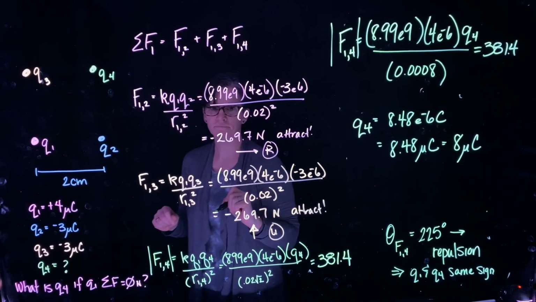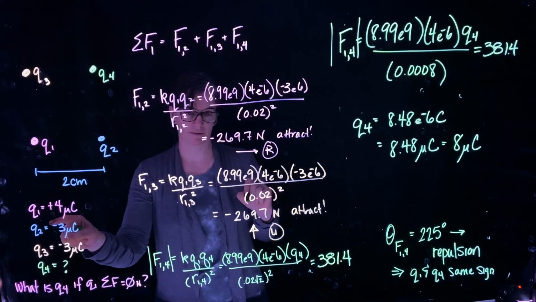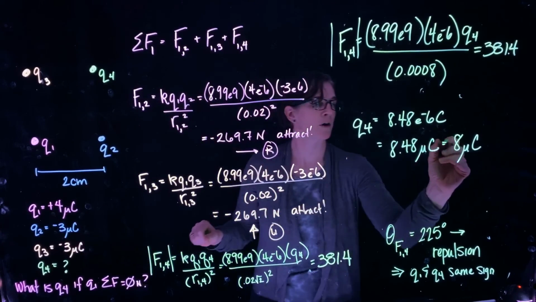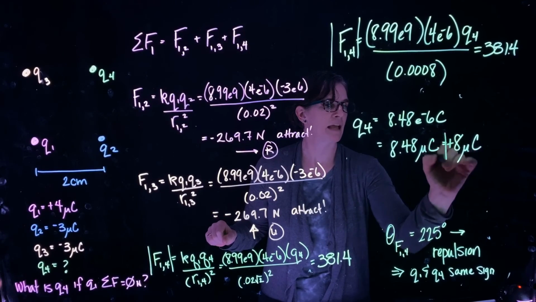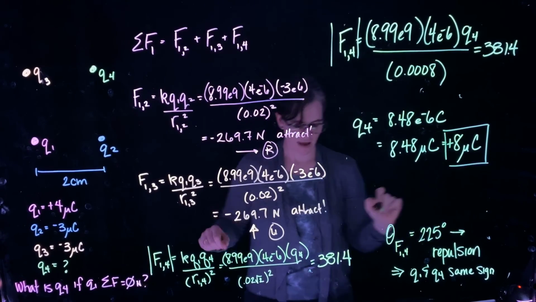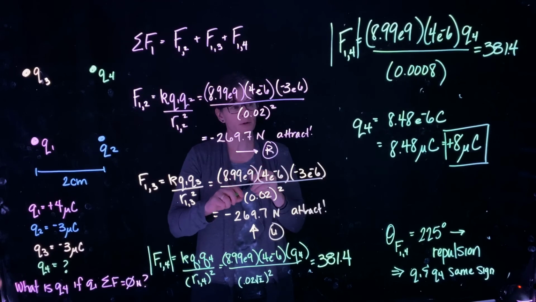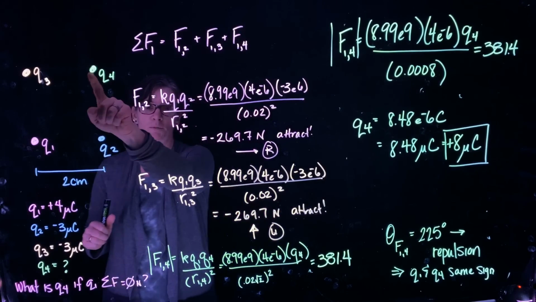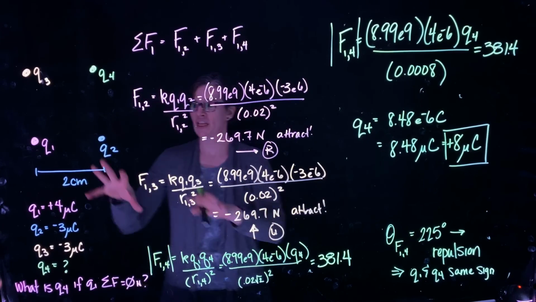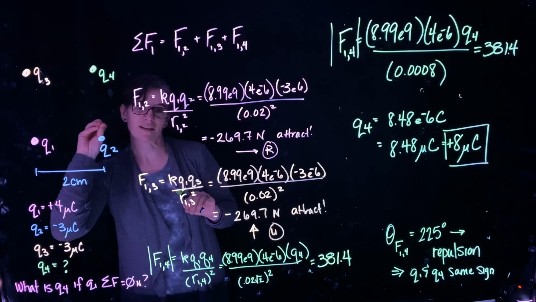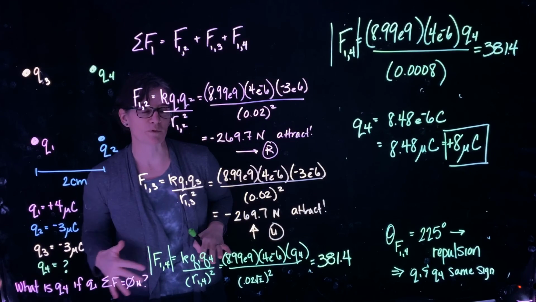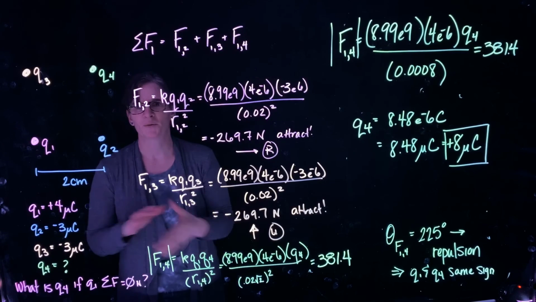All right? Well, Q1 is positive. So Q4 has to be a positive value. And we get a positive value for our charge on Q4. So if I were to place an 8 microcoulomb charge at that spot, then dropped Q1 in there, it wouldn't move. The net force on Q1 would be 0.